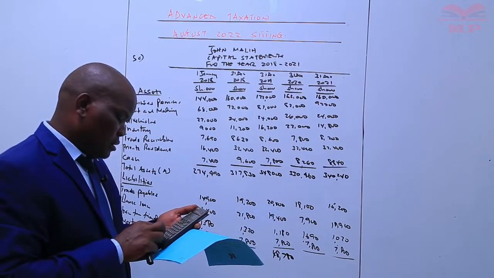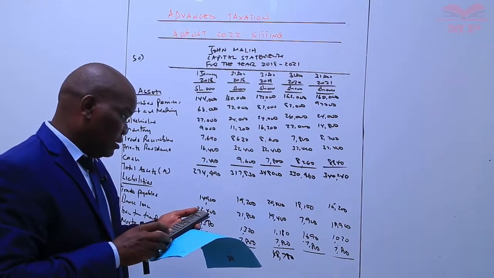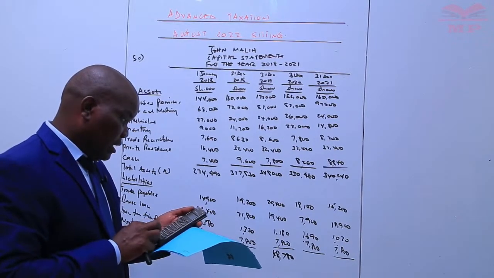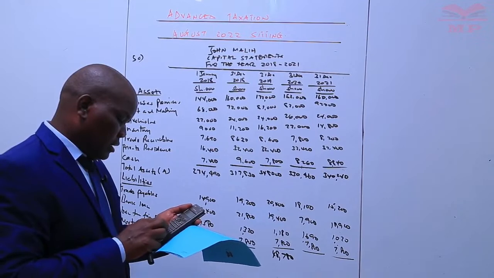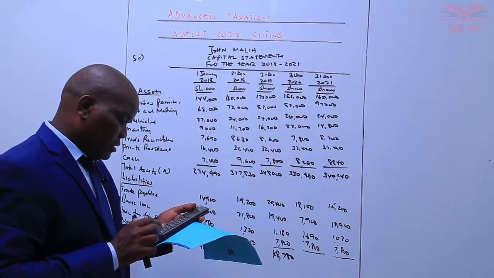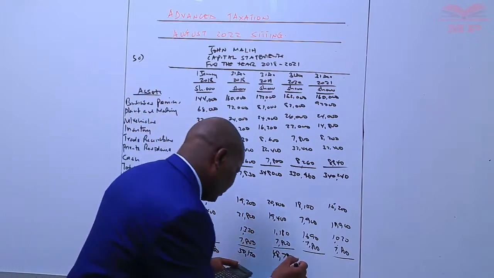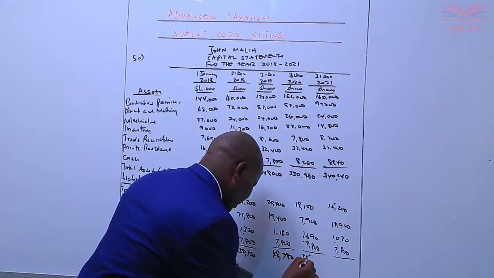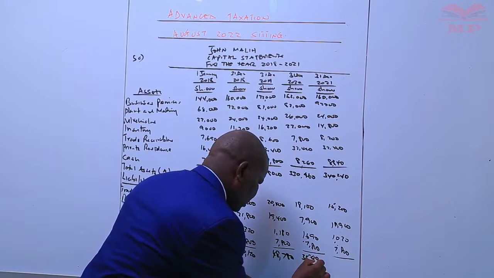Next, 18,100, 7,900, 1690, and 7,800. I get 35,490.